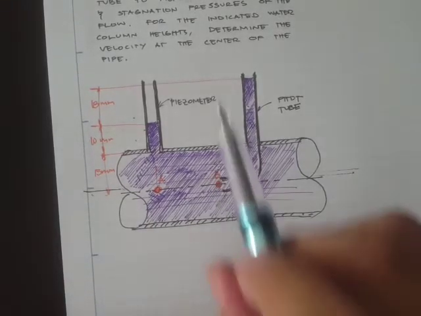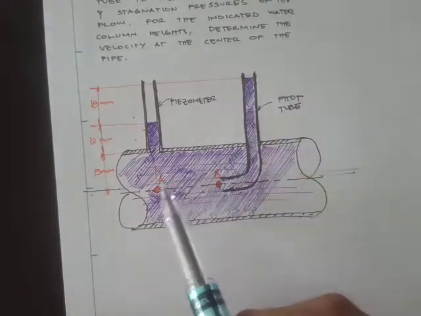So the problem says we are to determine the velocity at the center of the pipe.